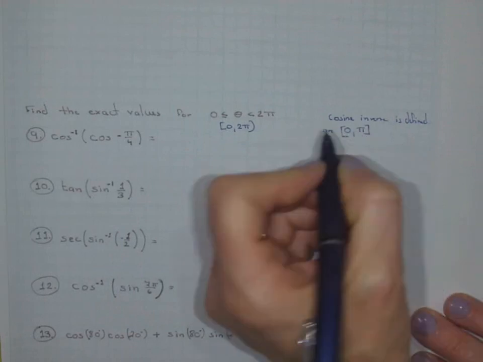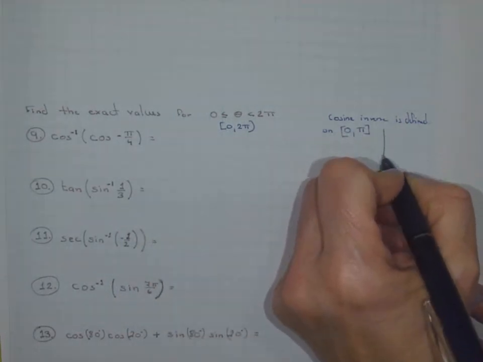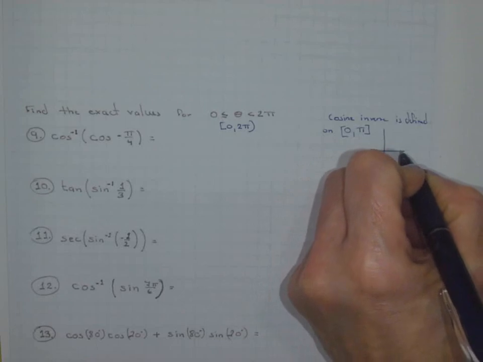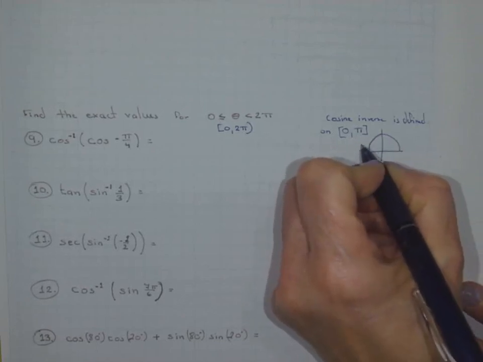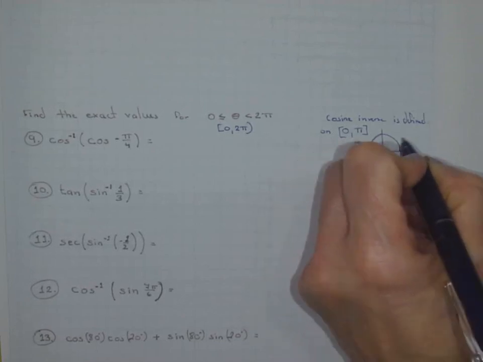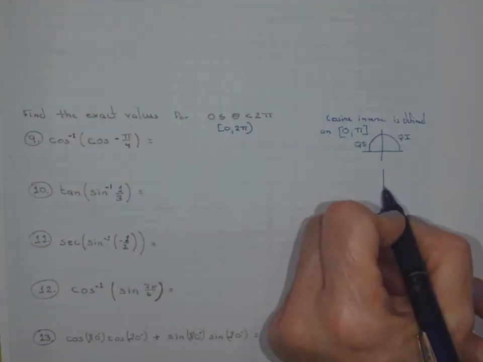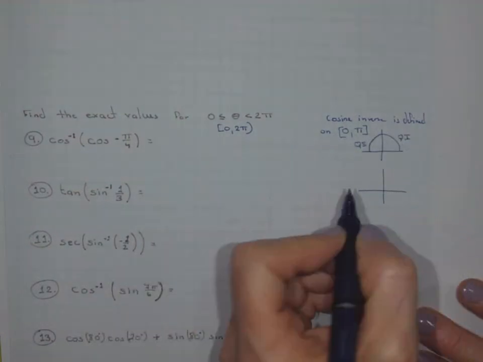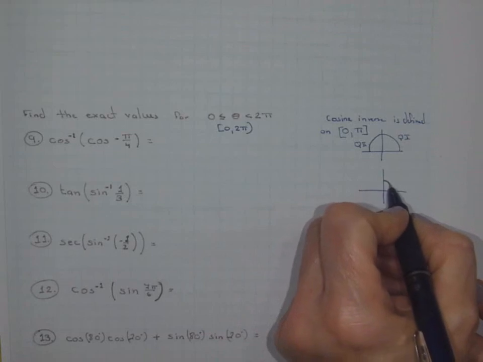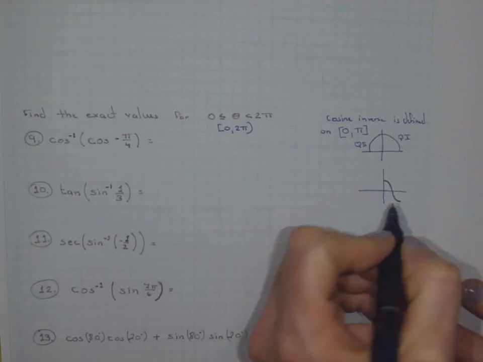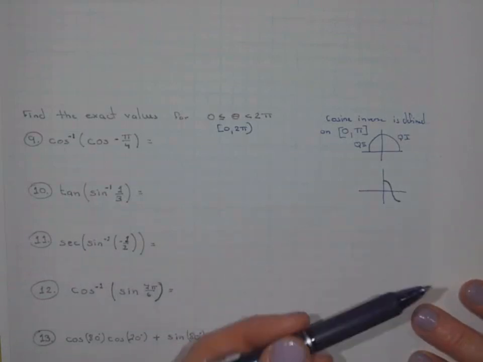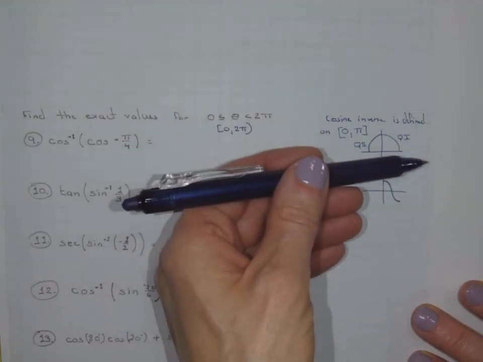Okay, so what that is saying is that we're only going to be looking at quadrant 1 and 2, because the cosine function, being an even function, for us to keep it so that the inverse will be a function, right?